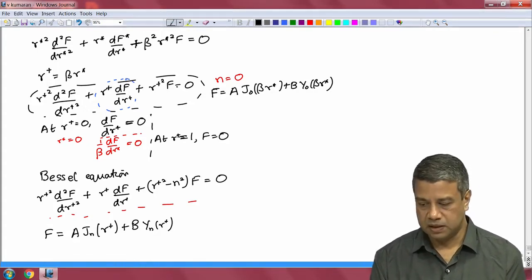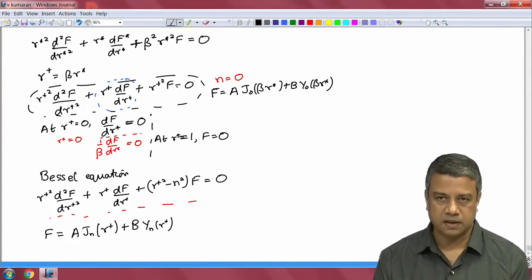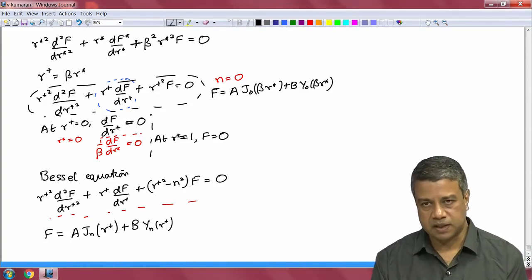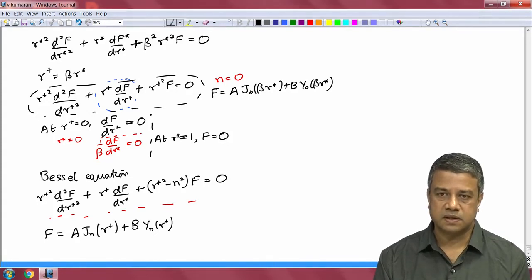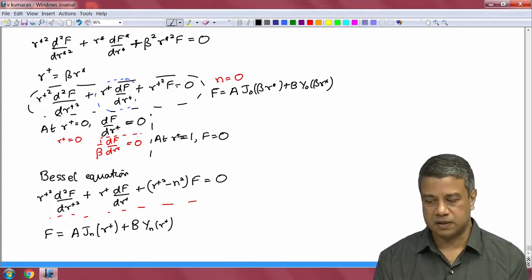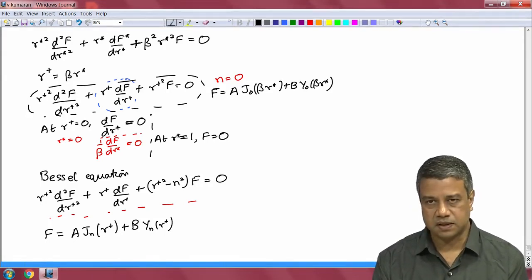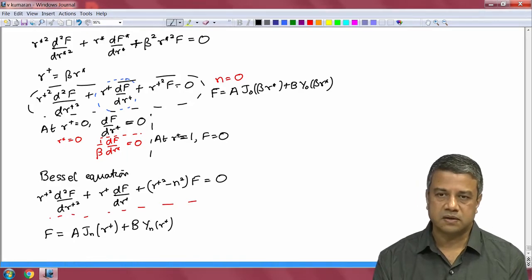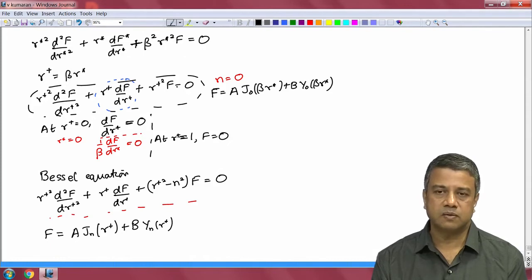These functions J 0 and Y 0 can be calculated numerically, and they have been tabulated in standard tables. So, you can refer to them to find out what these Bessel functions are and their values at specific values of r, in a manner similar to the sine and cosine functions. In contrast to the sine and cosine functions, the amplitudes are not constant, that is, the maximum and minimum is not equal to 1, and the spacing between zeros is also not regular.